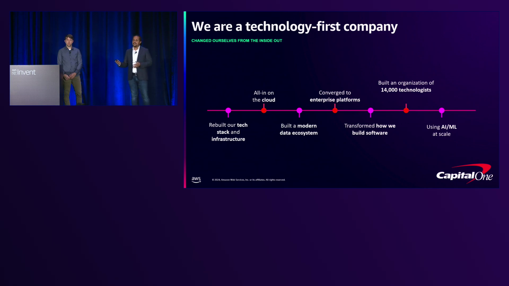The past decade, we've been going through major tech transformations. It started around 2013, where we embraced microservices and adopted an open source mentality and started rebuilding our tech stack and infrastructure. And then a little after that, around 2016, we made this strategically bold decision to go all in on the cloud, including our data ecosystem.